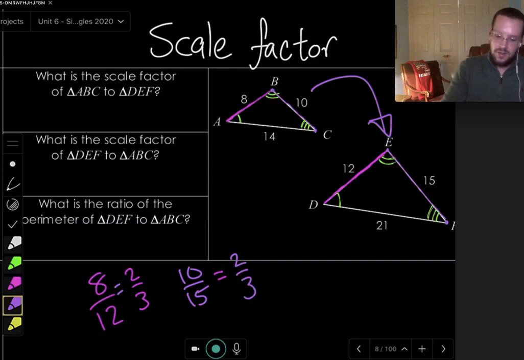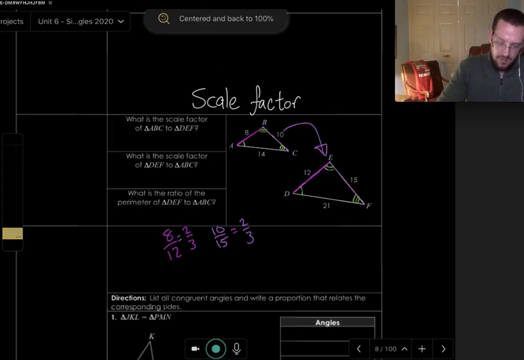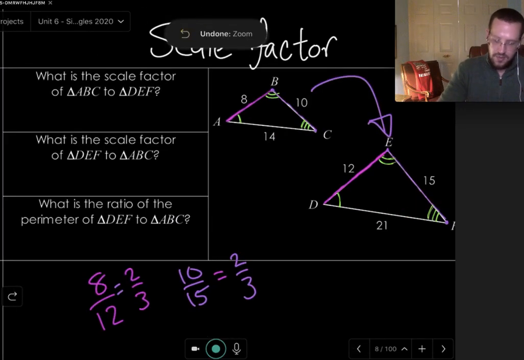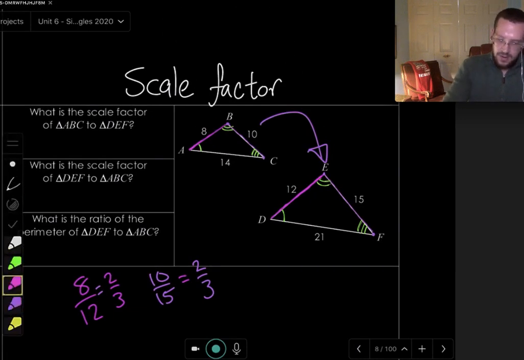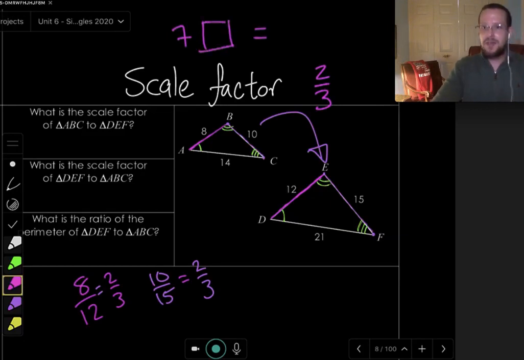Notice though, if I multiply a number, okay, let me back up. Scale factor. Is 2/3 less than or greater than the number 1? Less than 1. If I multiply a number, say 7, by any number less than 1, will it get bigger or smaller?